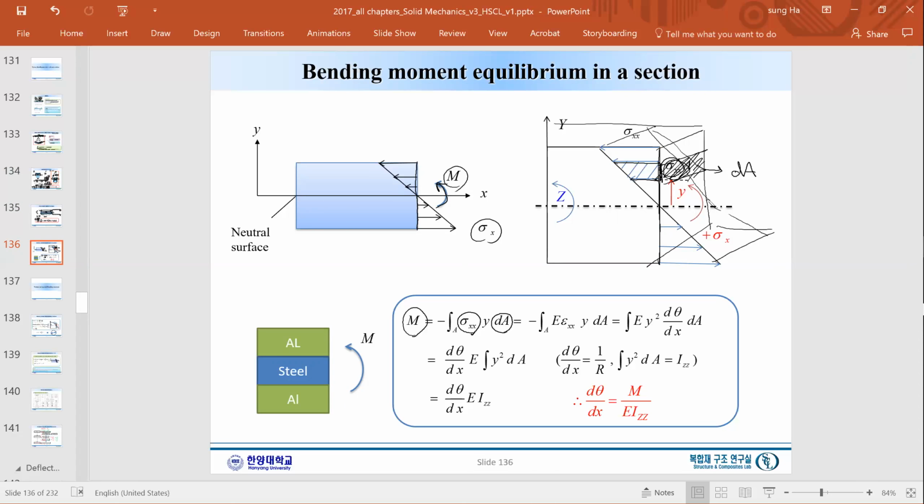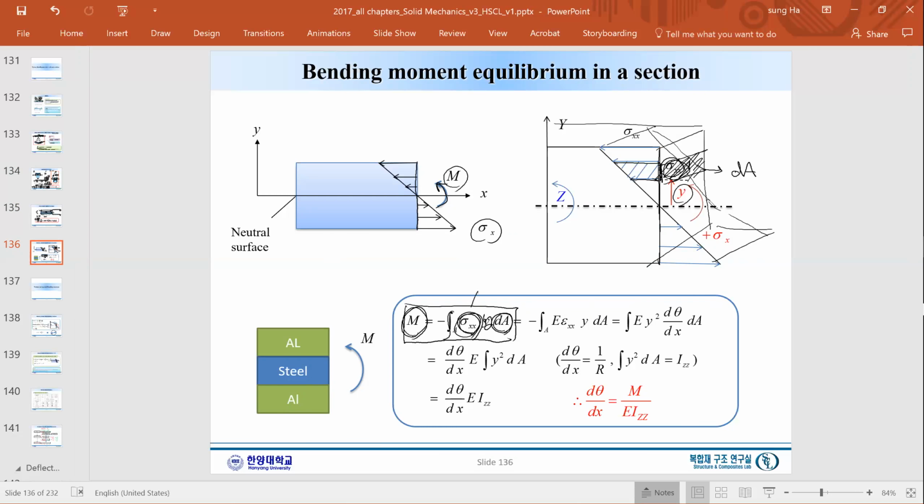So sigma xx and dA will give us the force, and then the height will be y, so we need to multiply by y, and then simply integrate over the cross section, which will give us the total moment m. So this is the definition of m, and that is the equilibrium between m, which we applied externally, and sigma xx, which is generated internally. So this is the equilibrium.